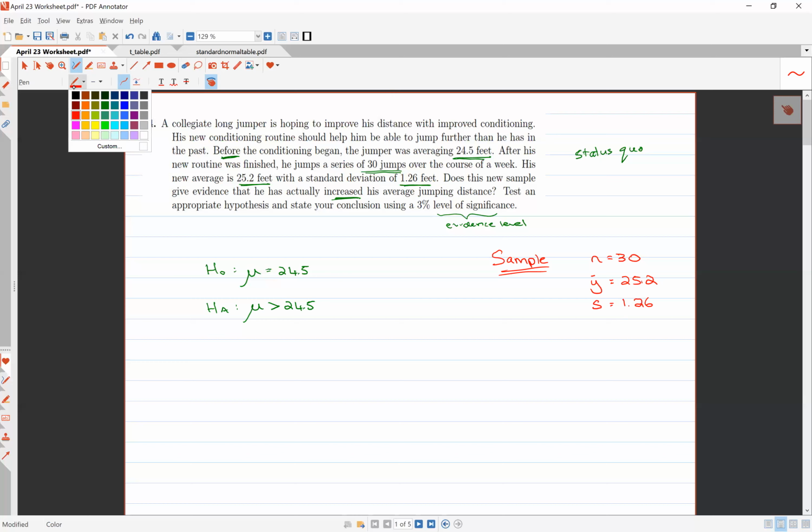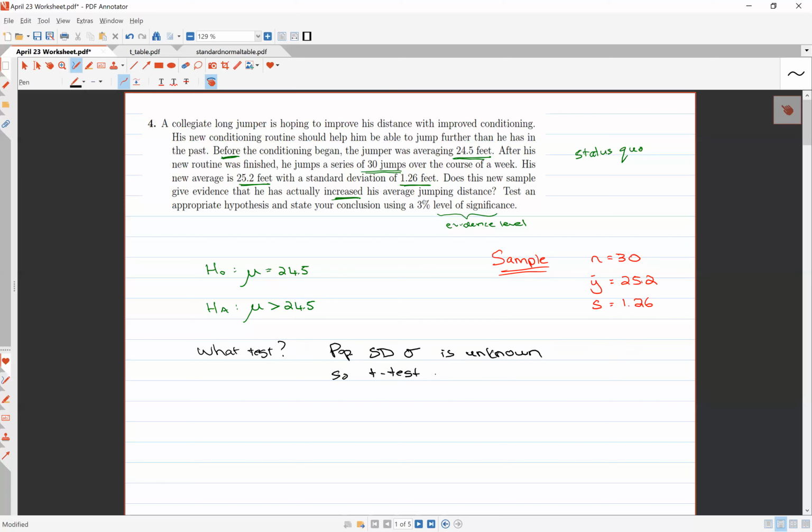So what test would we use here? Well, the population standard deviation sigma is unknown. And so a t-test is better to use than a z-test.